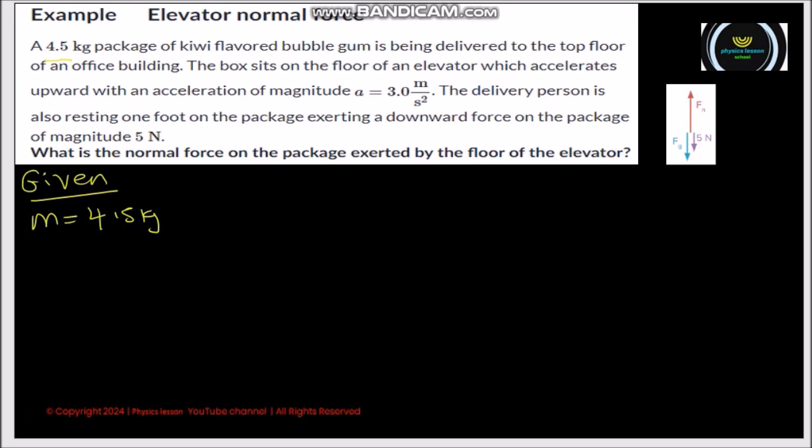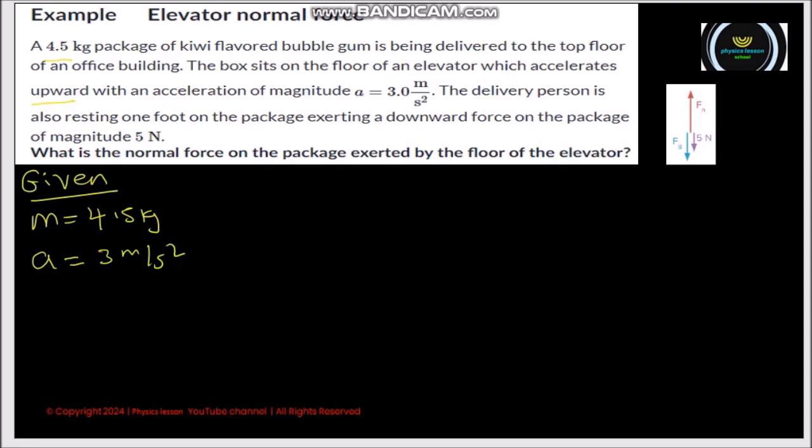The box sits on the floor of an elevator which accelerates upward with an acceleration of 3 meters per second squared.